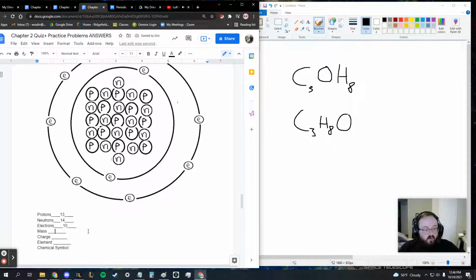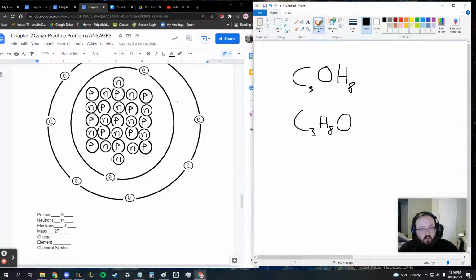So from here, our mass is equal to the protons plus neutrons, 27. Our charge, we have 13 protons plus 10 electrons. So this is 13 plus a negative 10, which gives you a positive 3 charge.